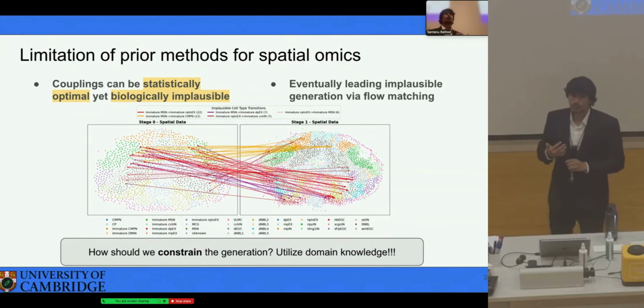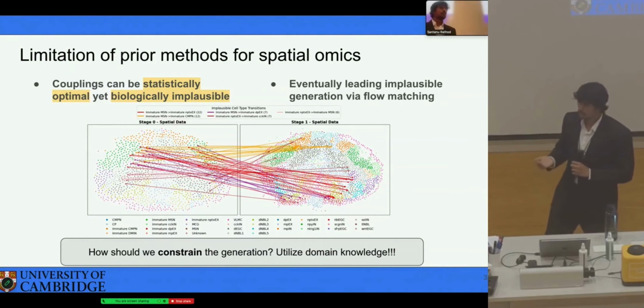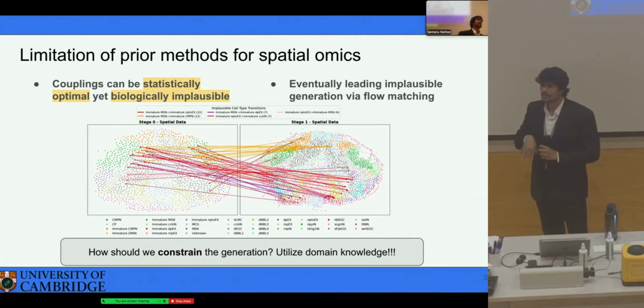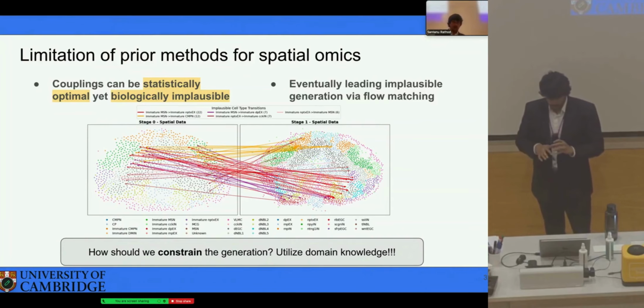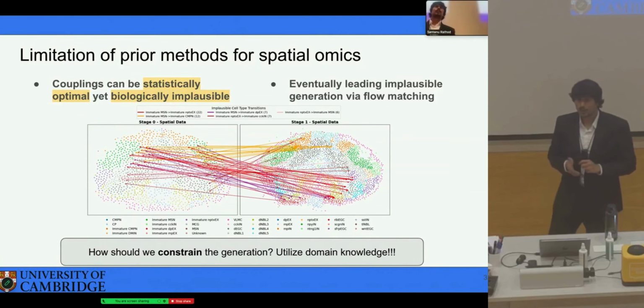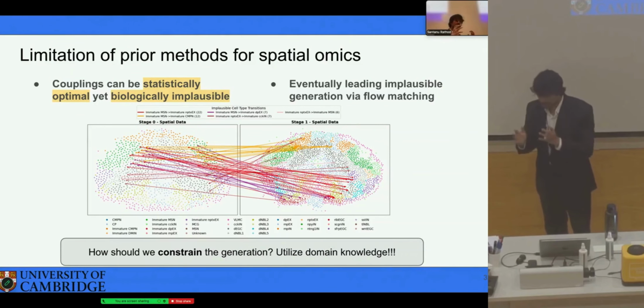And even though this is biologically implausible, the algorithm devises these couplings to be statistically plausible and optimal, to speak. The reason is that the algorithm does not know that this is a biologically wrong coupling. It lacks this groundedness in reality.